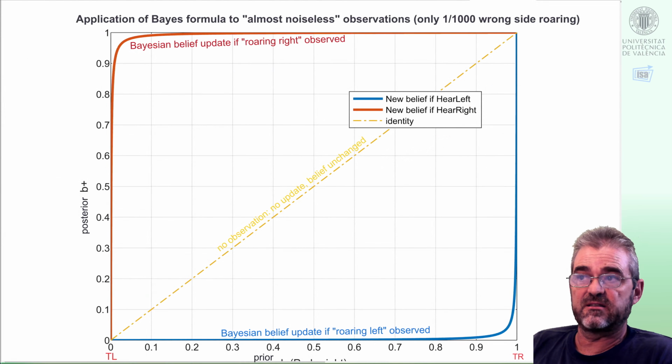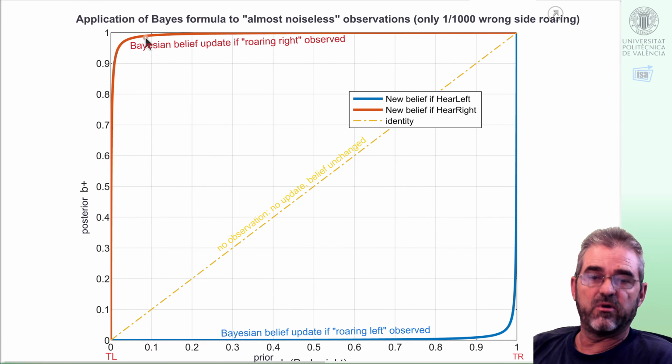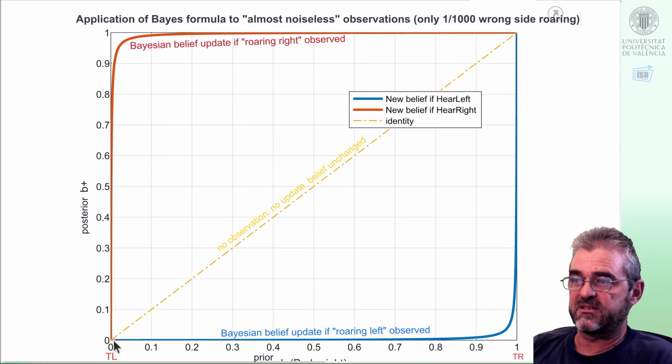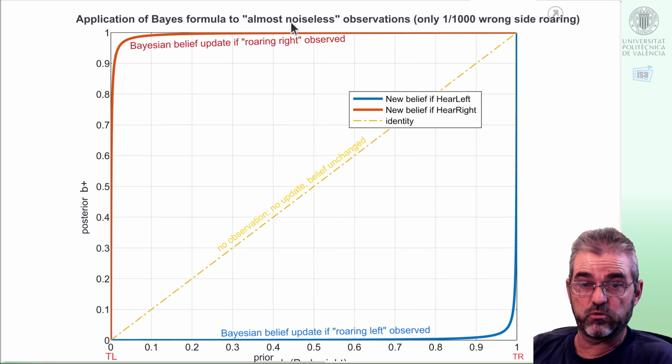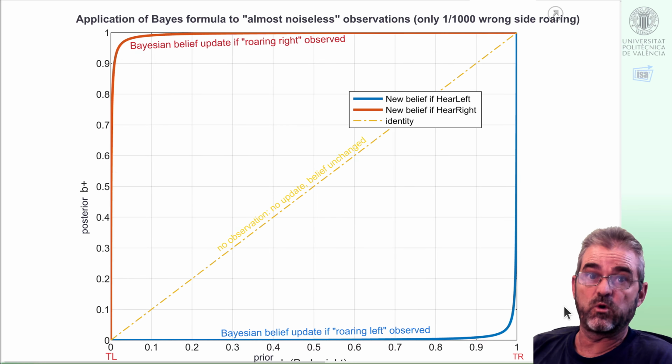If I listen to the tiger roaring right, then I am 99 point a lot of things sure that the tiger is at the right. Only 1 in 1,000, it may be wrong. So unless I am basically sure the tiger is left, I will conclude that the tiger is right if I listen to roaring at the right door. And same for left. Of course, this is in accordance with what our intuition with non-noisy observations would expect.